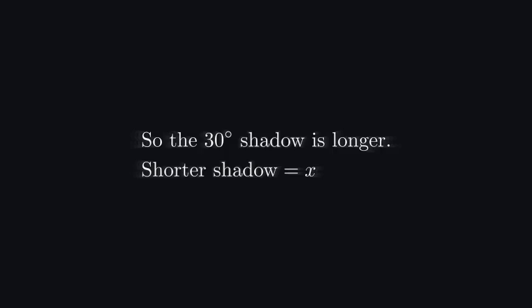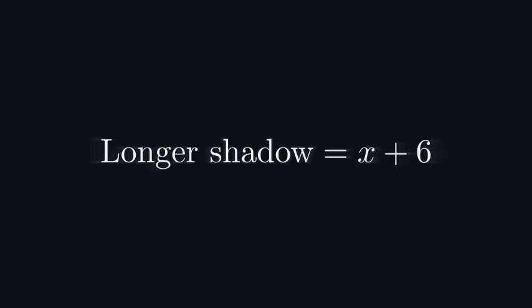Shorter shadow equals x. Before drawing the diagram, we need to understand the situation. When the sun is lower in the sky, the angle of elevation is smaller and the shadow becomes longer. Since 30 degrees is smaller than 60 degrees, the shadow at 30 degrees is the longer shadow. Let the shorter shadow be x. Since the longer shadow is 6 meters more, the longer shadow is x plus 6.